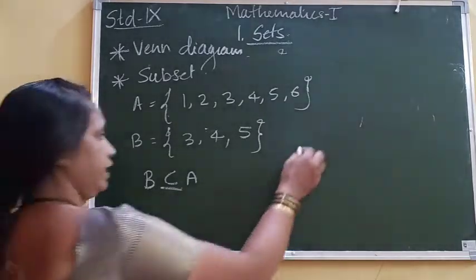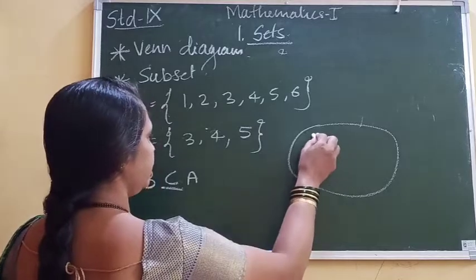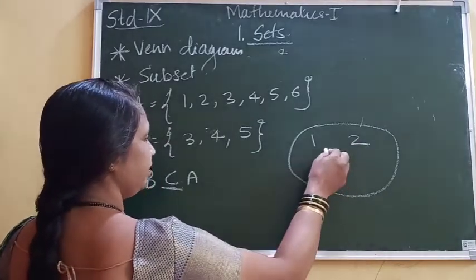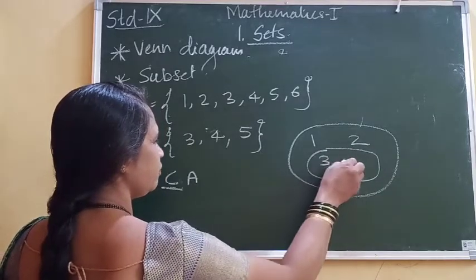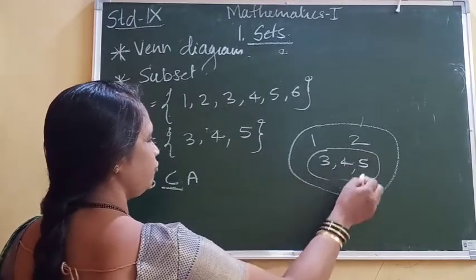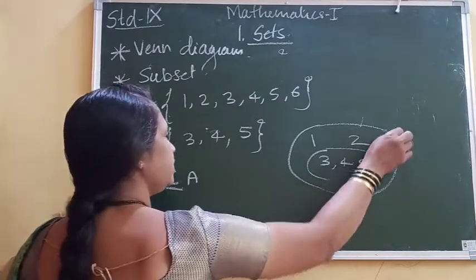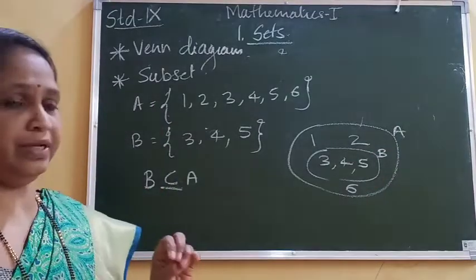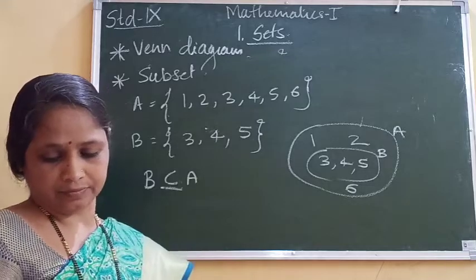A has the elements 1, 2, and B has the elements 3, 4 and 5, within 1, 2, 3, 4, 5 and 6. So this represents set A and this represents set B. Here, B is a subset of A.